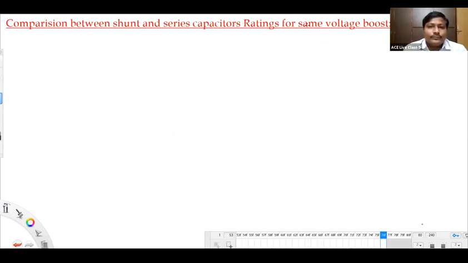Let's see this. Which profile is good? Obviously, with the shunt capacitor we are getting a good profile. Look here, shunt capacitor. What is the voltage boost we have with the shunt capacitor? Delta VC.